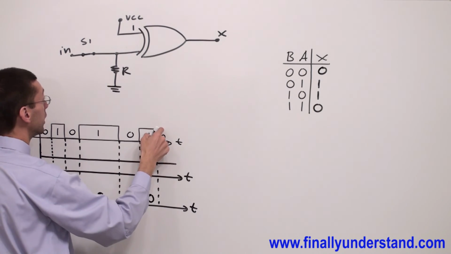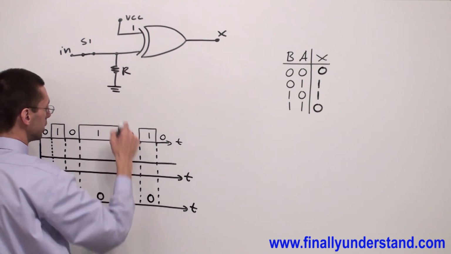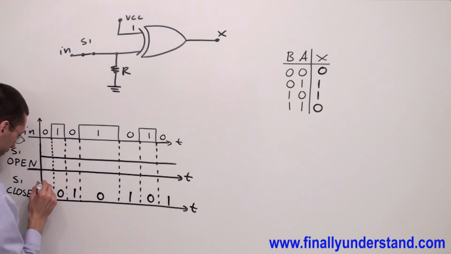And I have 0, exclusive OR 1 gives me 1.